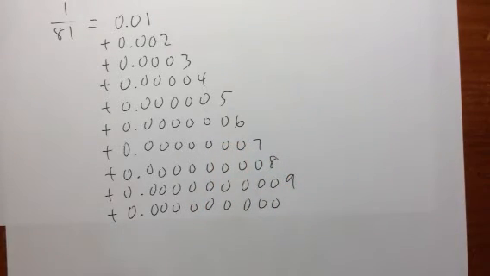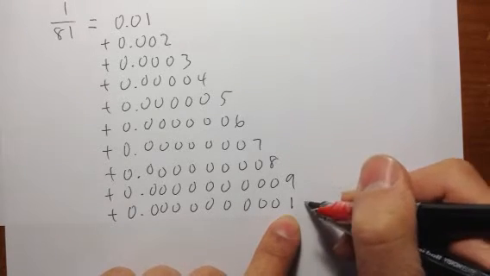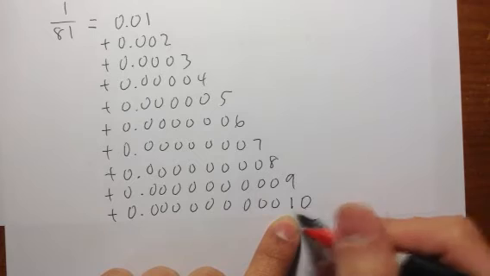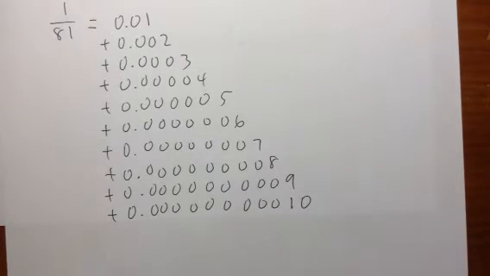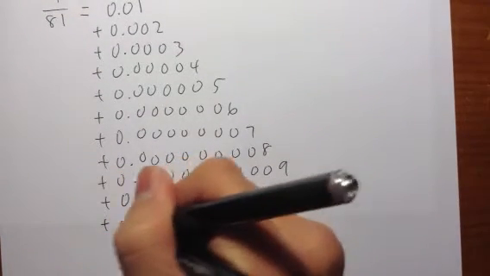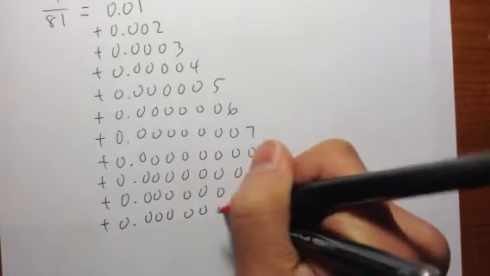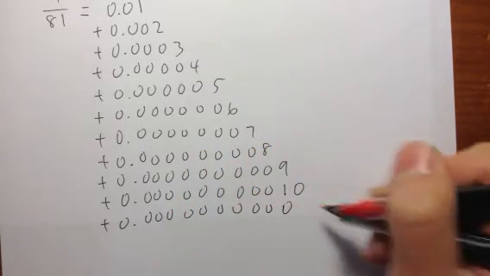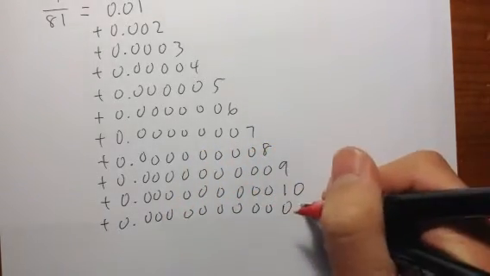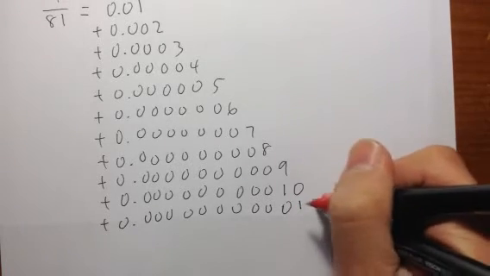And what's after 9? 10, right? And how do we write 10? It's 1, 0. And this is my 10. Okay? Keep going. Plus 0.00000000000 and what's after 10? Of course, the 11th power, the 11.